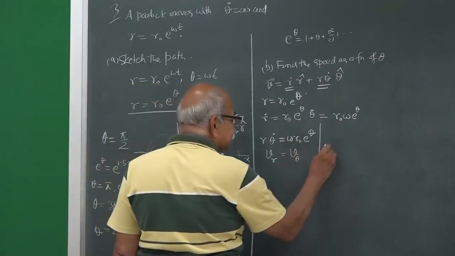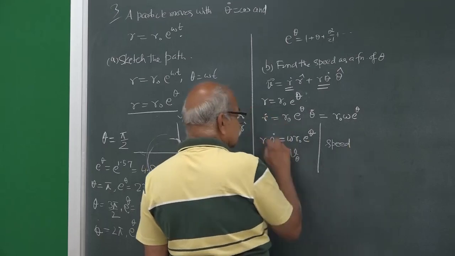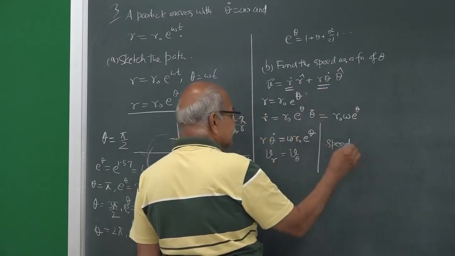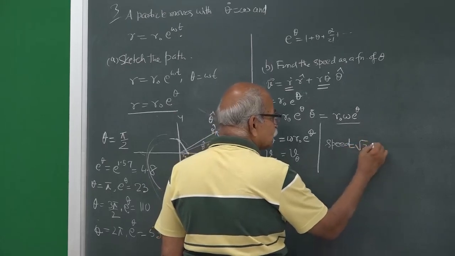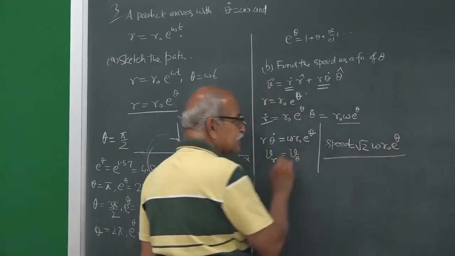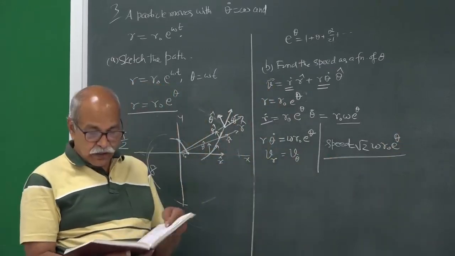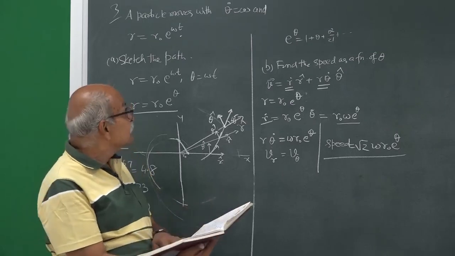So, speed will be the root of Vr square plus V theta square. So, this is root 2 times omega r naught e to the power theta, that is the speed. Okay. Then this is part B.